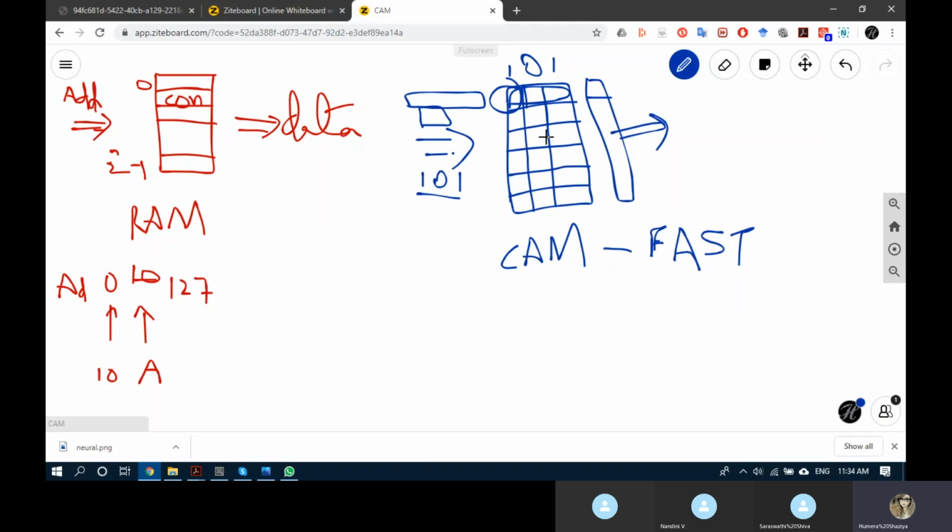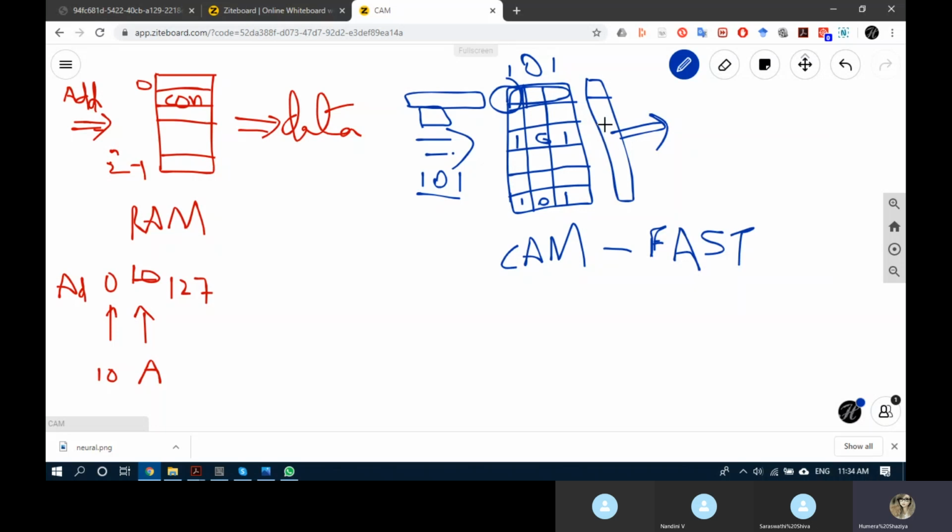So for instance, this is 101. This is also 101. Simultaneously, 101 is searched at all these bit positions.